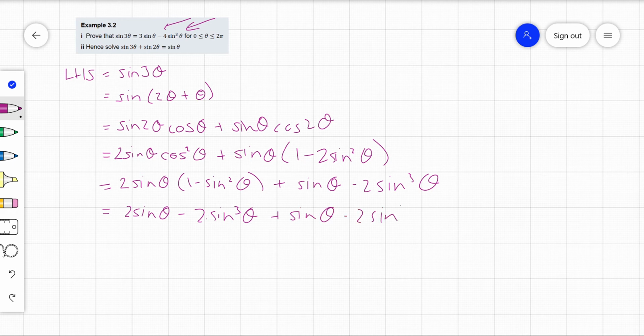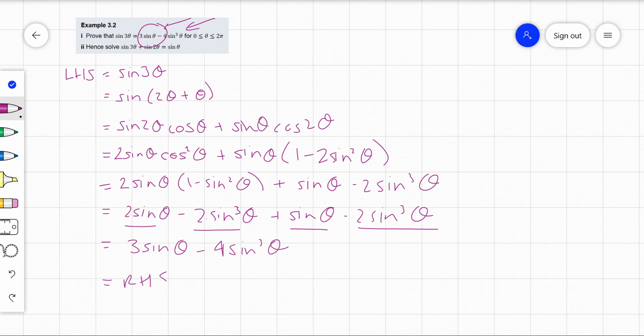So all together, they want the sines first, we should be getting 3 sine theta, which we do, and we should be getting minus 4 sine cubed theta, which we do. So that's our right hand side. That's fine, we've proven that is true.